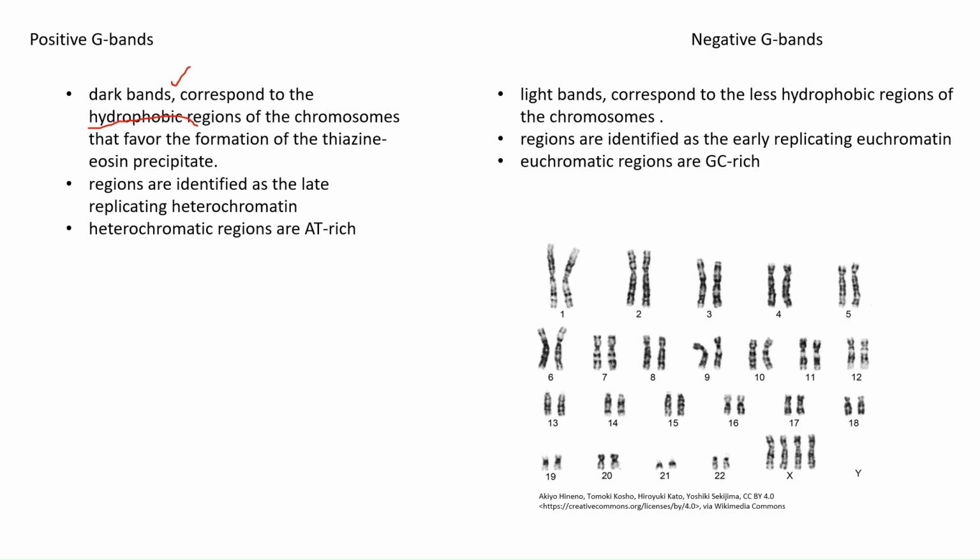So if it is giving a dark band, that means somehow the region is hydrophobic and hence it can bind more stain. Now when the region is hydrophobic, that means it is a region where the segment is very tightly packed. Because the segment is very tightly packed, internally it develops a hydrophobic area.